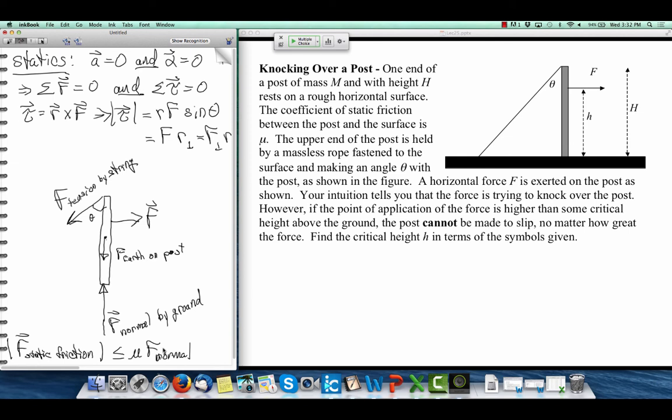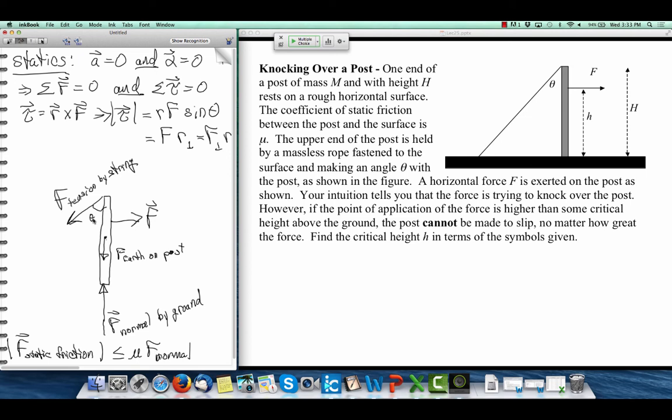Static friction force has a maximum value. And so whatever the normal force is, there's a maximum static friction force, a maximum, but it could be zero. I don't know because I don't right away know how big these two horizontal forces are.